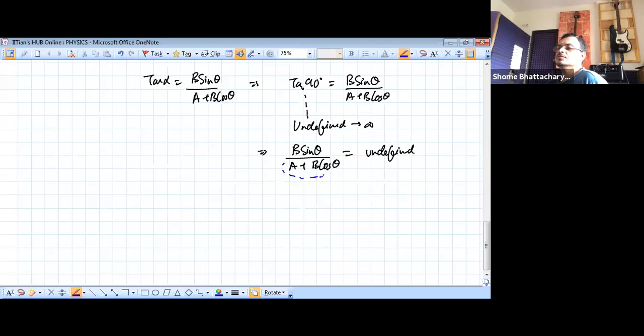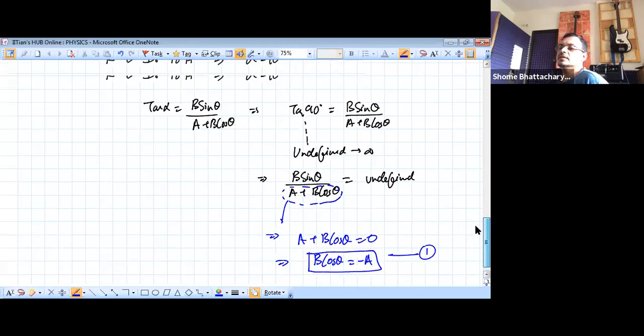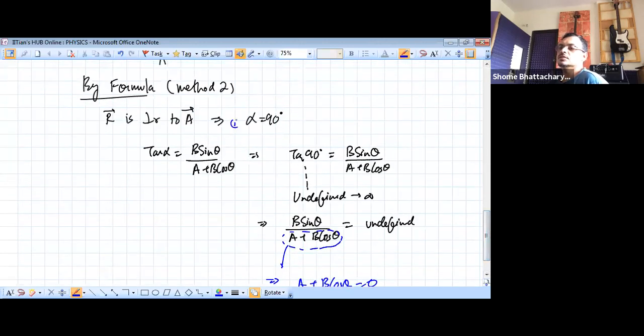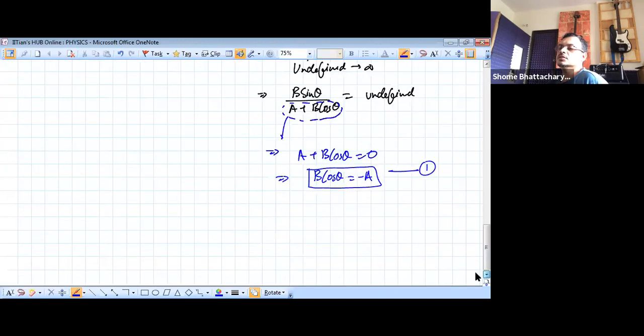That's only possible if this thing is 0. So A plus B cos theta should be 0, or B cos theta should be equal to minus A. So this is the first equation that we're getting from the first information, that alpha is equal to 90 degrees.